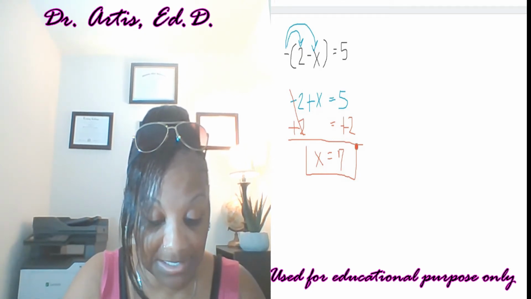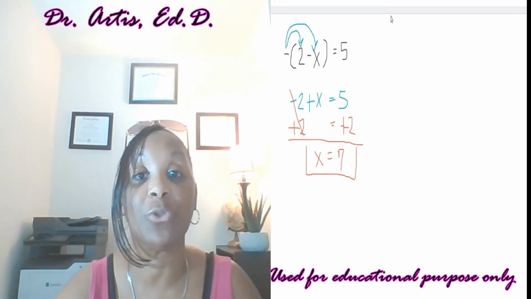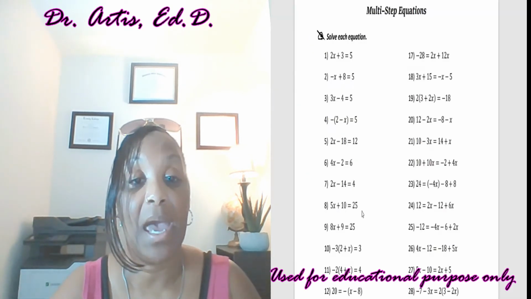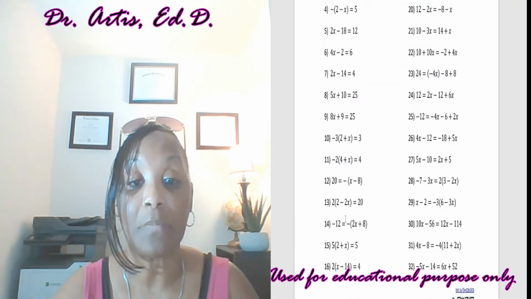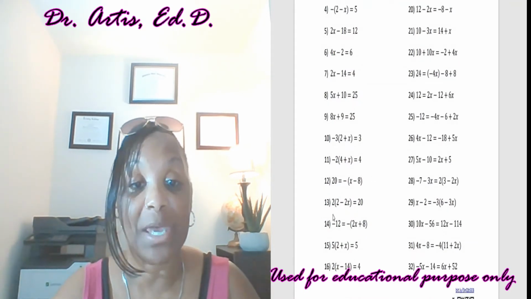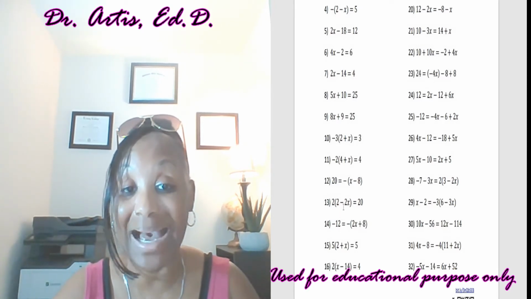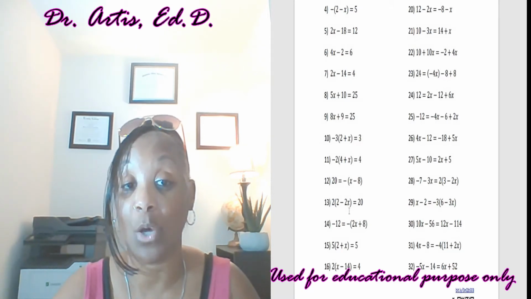Okay, so now let's look at problem number 13. I'm going to clear the board. And let's look at problem number 13. For problem number 13, we have 2, and this is in parentheses, times 2 minus 2x, close parentheses, equals 20.